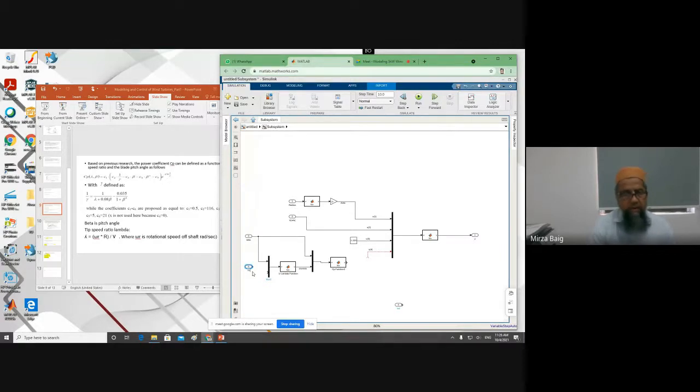Tip speed ratio is lambda. Now we need omega r, sorry. We just have to find out the rotational speed.